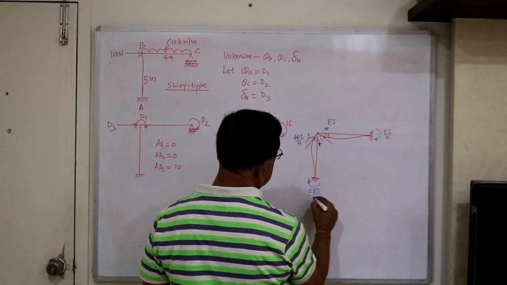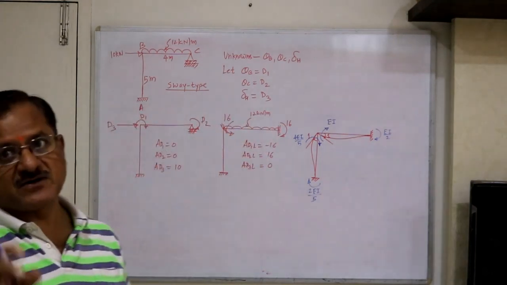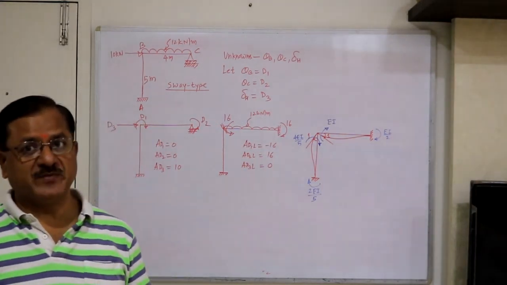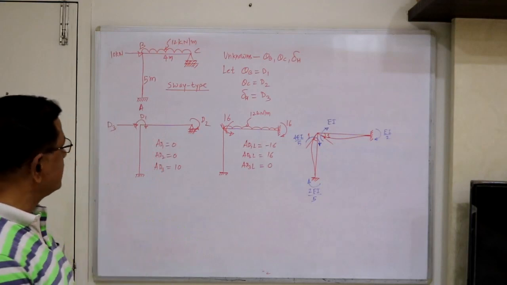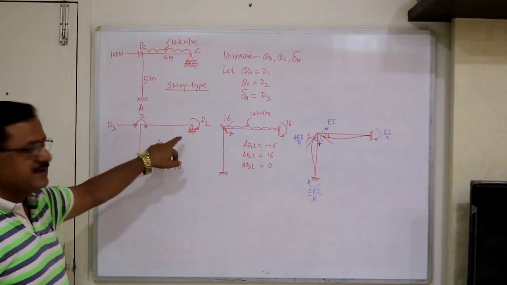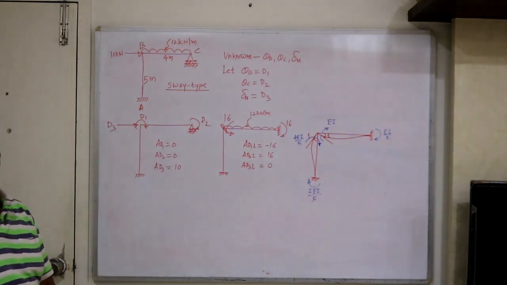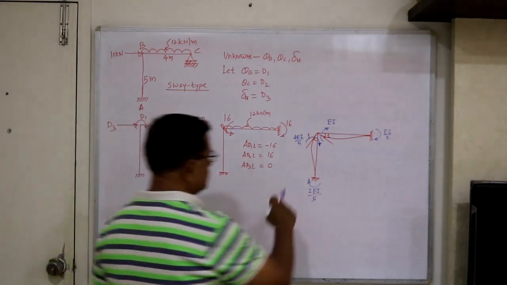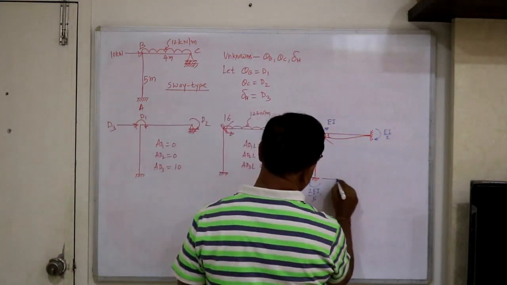clockwise 2EI by 5. Now the vertical member, the column, is subjected to end moments, and therefore the column will be subjected to a horizontal reaction, because we have D3, the horizontal sway, as an unknown. So the reactions in the direction of D3 are required. This produces clockwise, and due to this anti-clockwise.